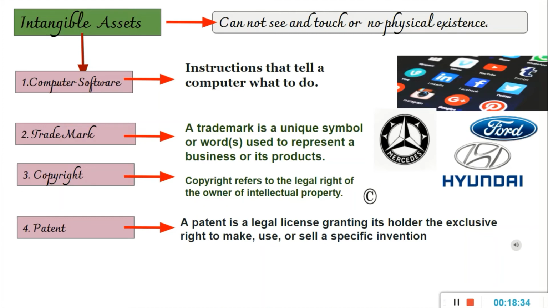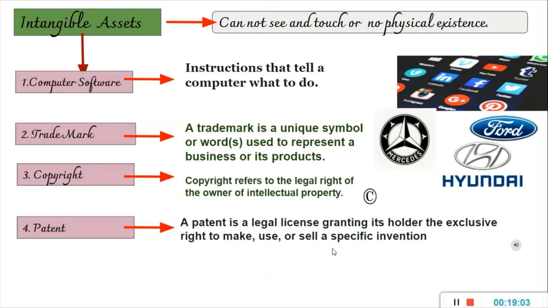We will discuss these later. Now we don't need to know all these details, right? So we know what a patent is. A patent is an intangible asset because we cannot see it, we cannot touch it, and it has no physical existence. But it has a legal license and it has some value. So that is why it's an asset.